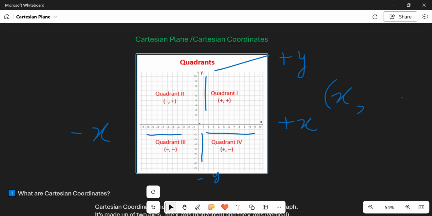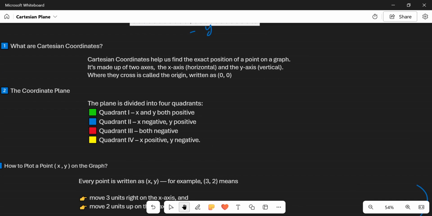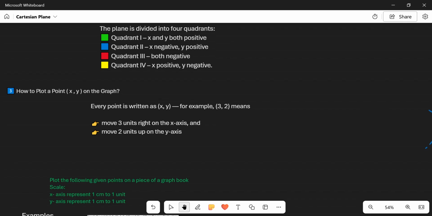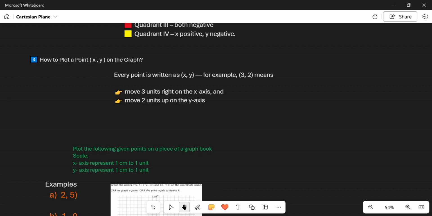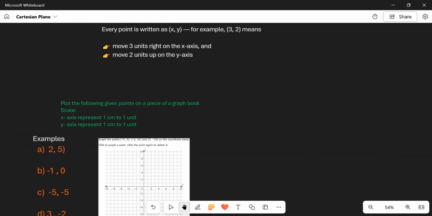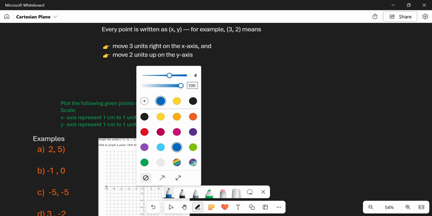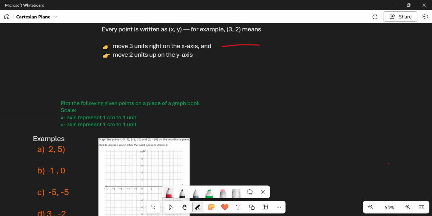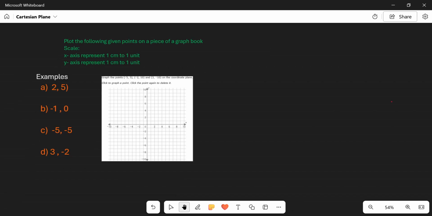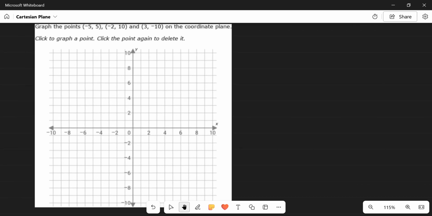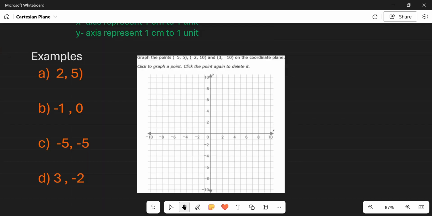How do we plot a point with an x value and a y value?